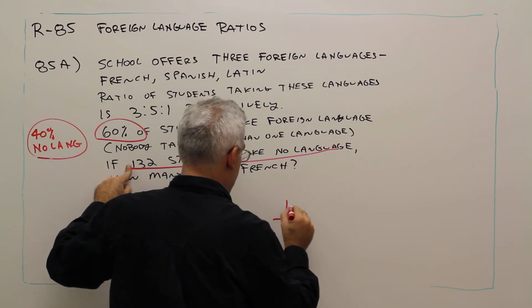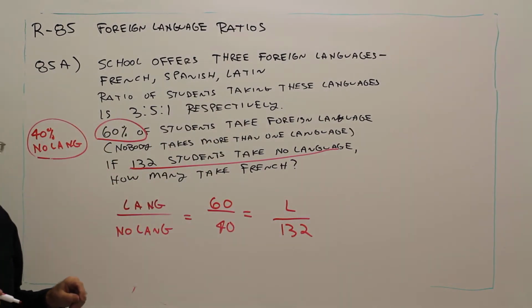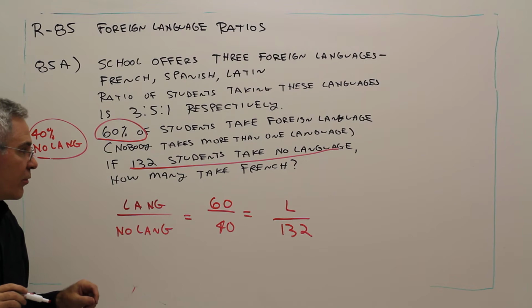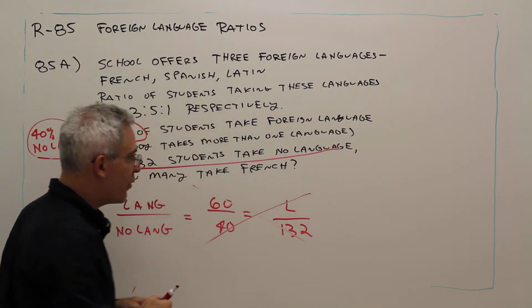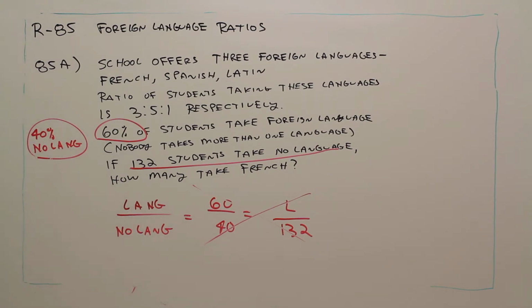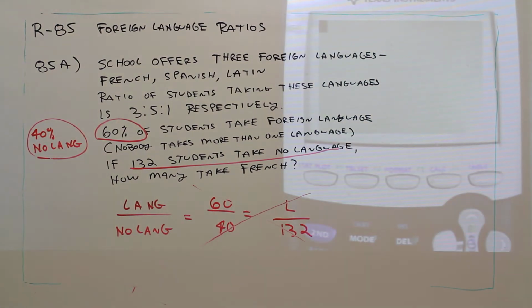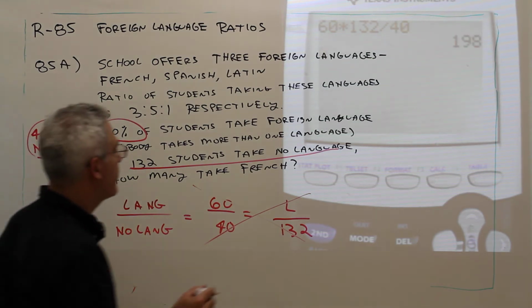I'll call this L for how many do take a language. I'll cross multiply, and the number of students that take a language will be 60 times 132 divided by 40, and I get 198.